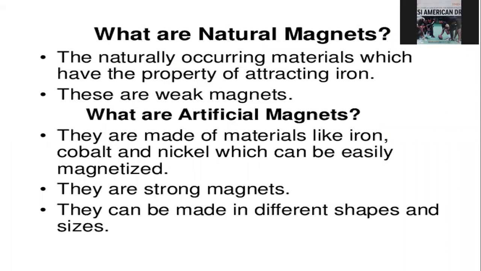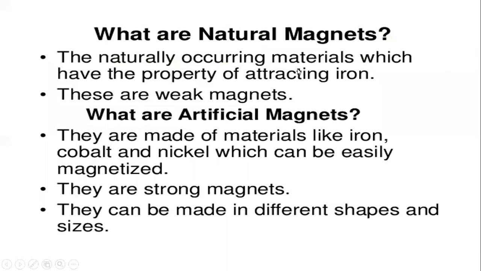Okay. So what are natural magnets? The naturally occurring materials which have the property of attracting iron. These are weak magnets.